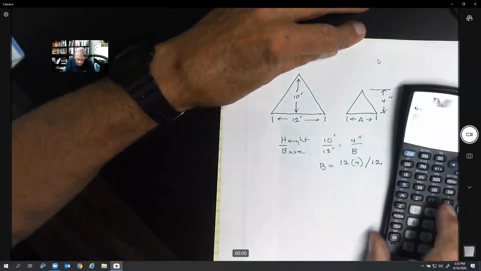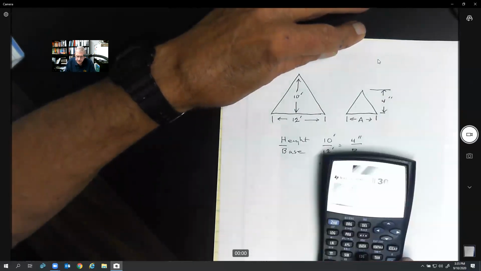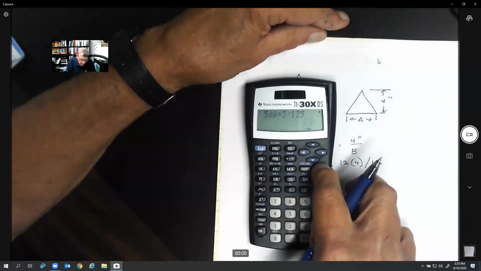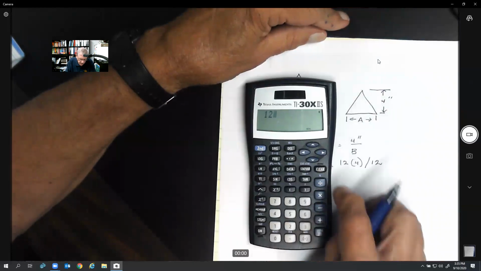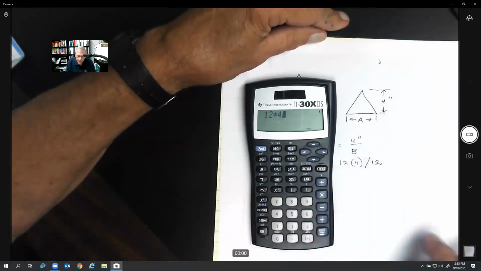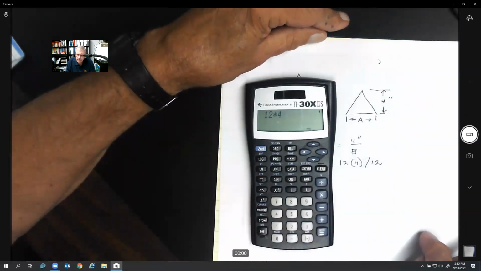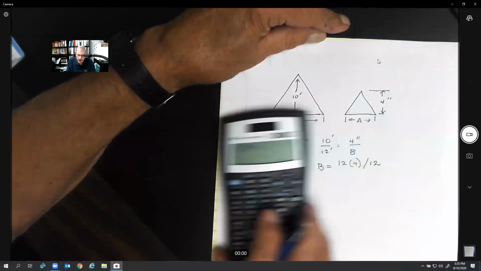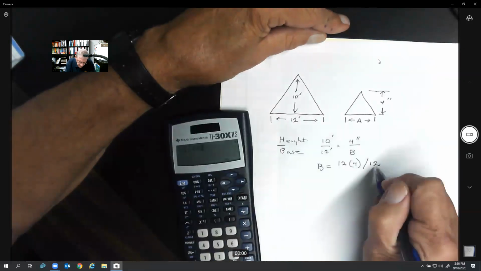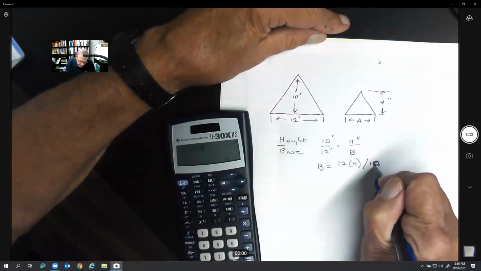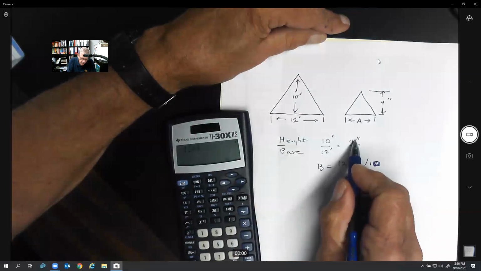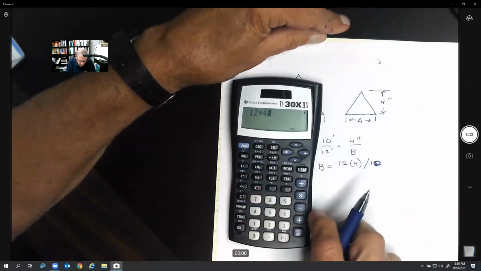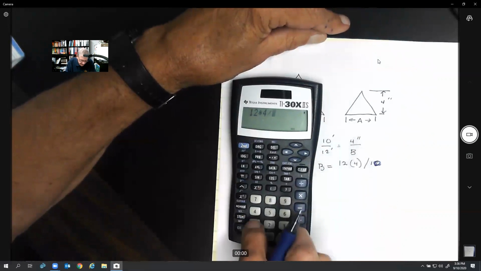So let's put that in our calculator where we can see it. Okay, maybe over here. Clear this out. 12 times 4, divided by 10. Again, going too fast. 12 times 4 divided by 10.